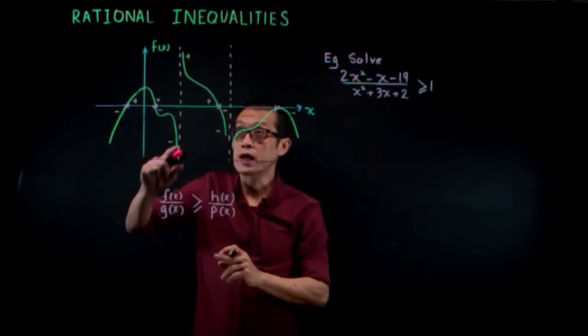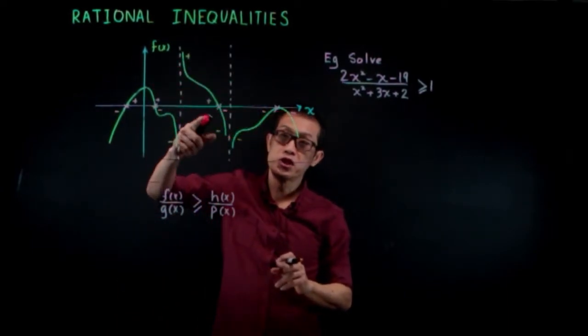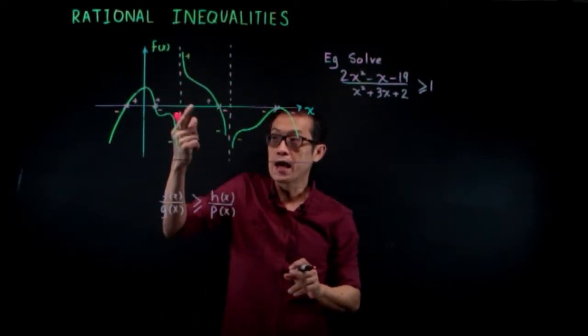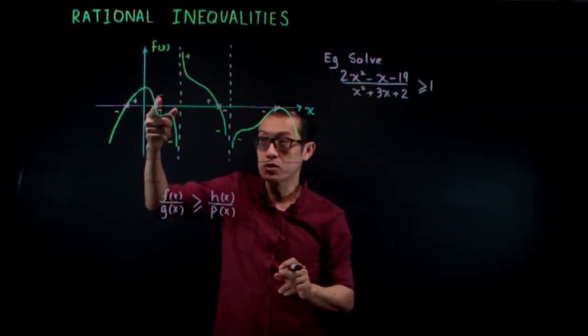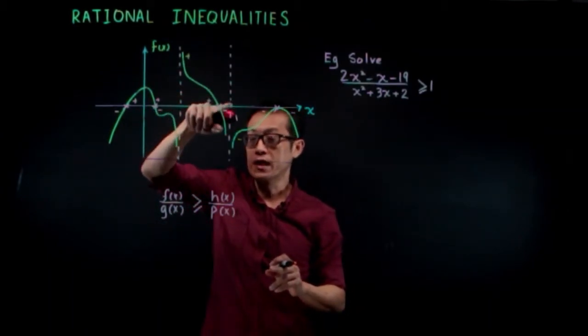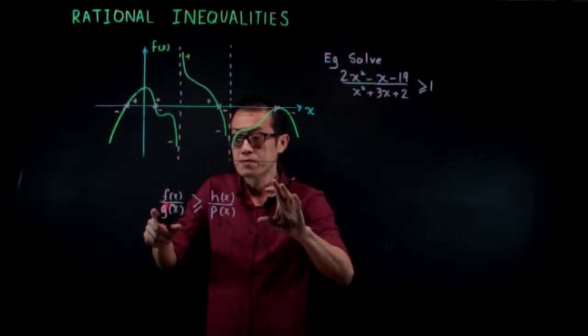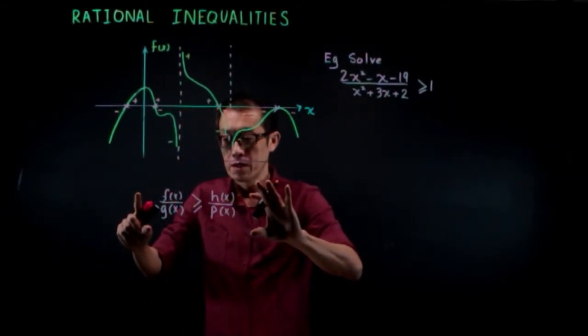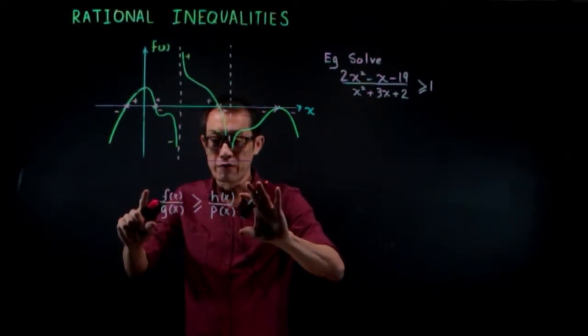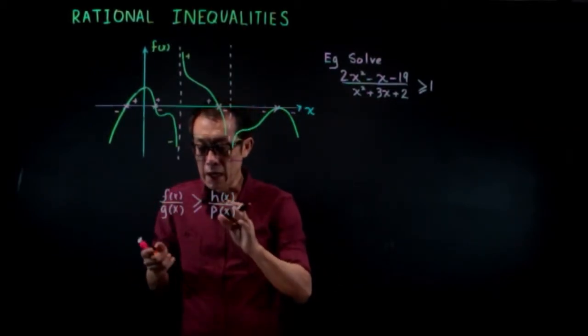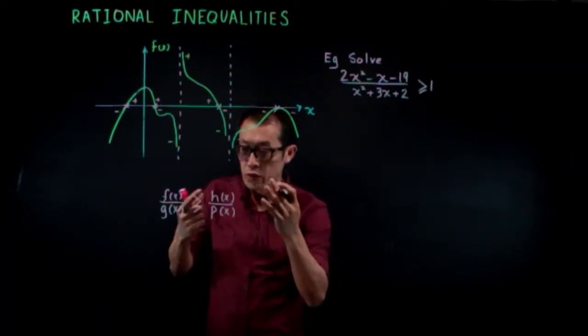So the graph does not change its sign unless it's around the asymptote or around its roots. With this property, we can solve rational inequalities this way.